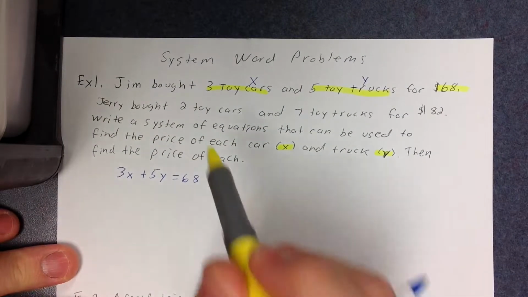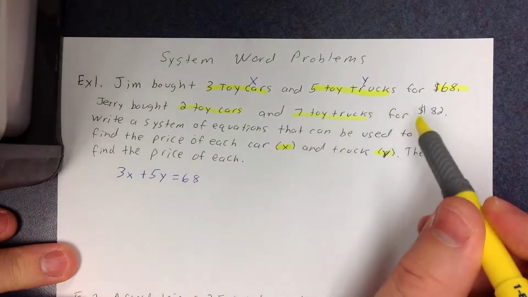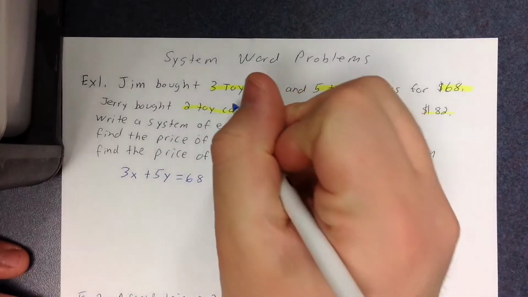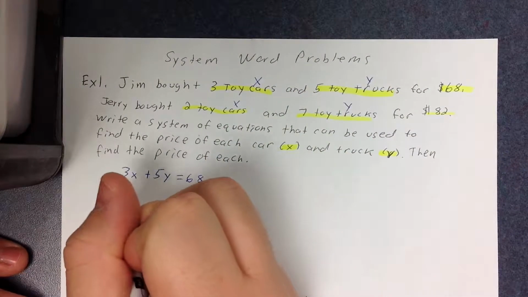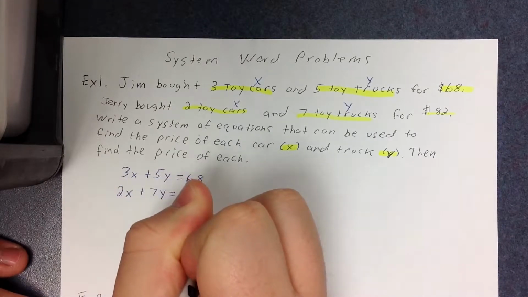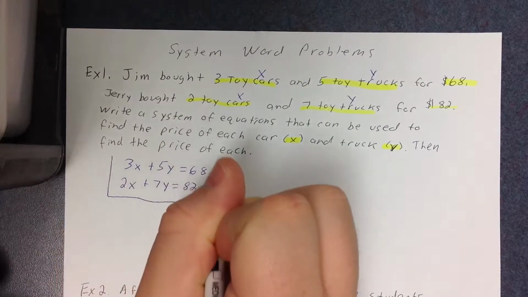My second equation comes from the second sentence. 2 toy cars, 7 toy trucks for $82. So again, cars are X, trucks are Y. So we're looking at 2X plus 7Y equals $82. So my system of equations is this.